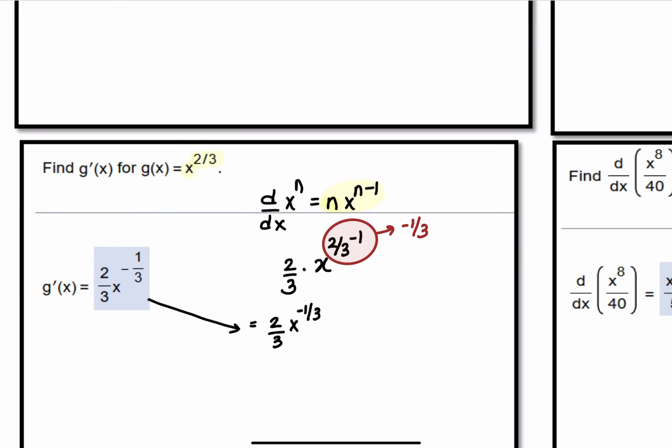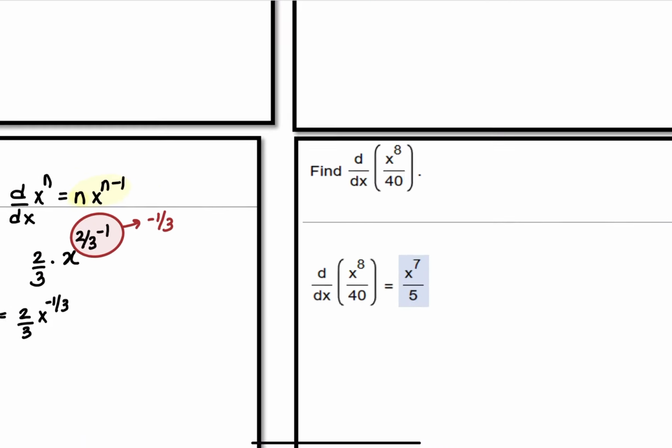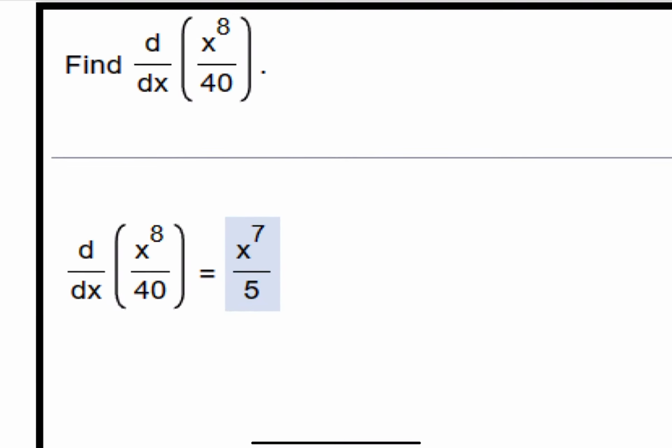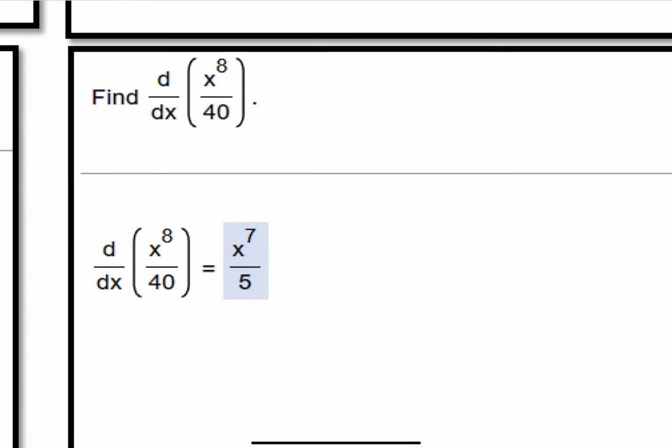Now let's take a look at the other problem here. I have d by dx of x to the power 8 divided by 40. This 40 is just a constant, and it's a quotient, so I'm just going to leave it as it is. I'll write down my 40 here, and I have my x, I have my n.